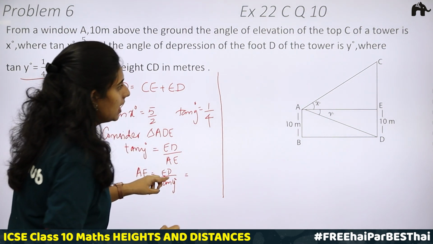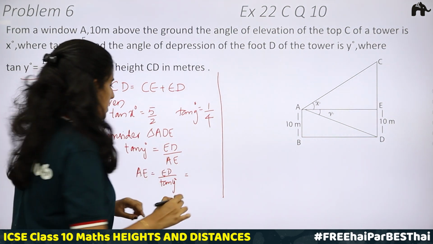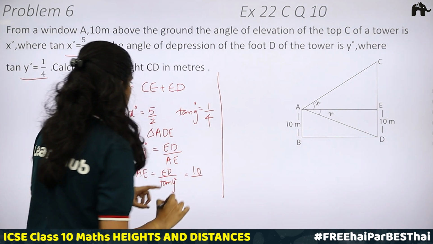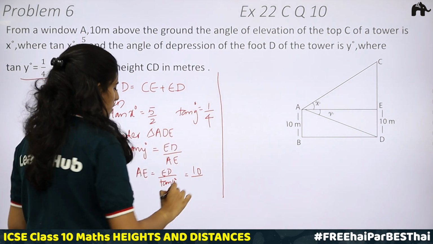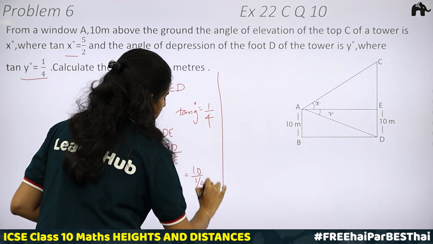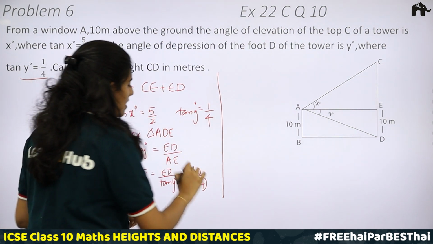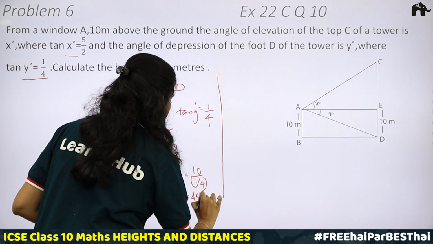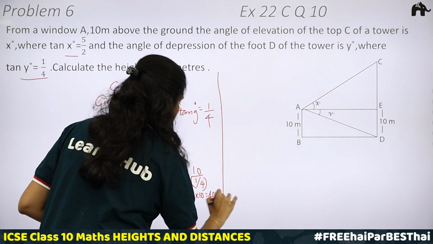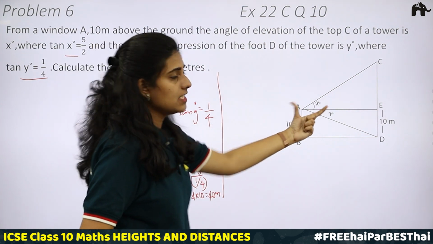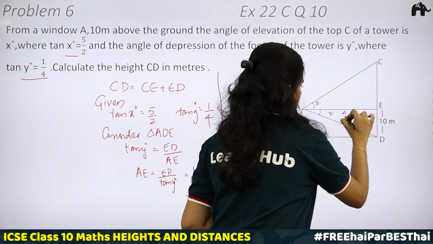Put the value, ED is equal to 10 meters. 10 divided by tan y degree, which is 1 by 4. Now taking the reciprocal and multiplying, we get 4 into 10, that is 40 meters. AE is equal to 40 meters.